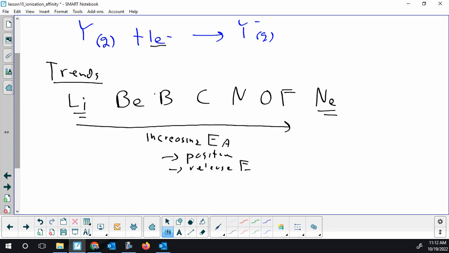But it actually stops before you get to neon. So you'd think neon with 1 more proton would more want to attract an electron, but something happens when we get to neon. Any thoughts about what is different about neon in terms of that second energy level and room for another electron?